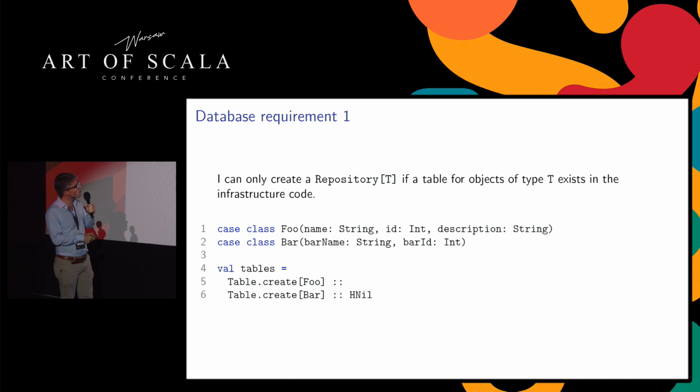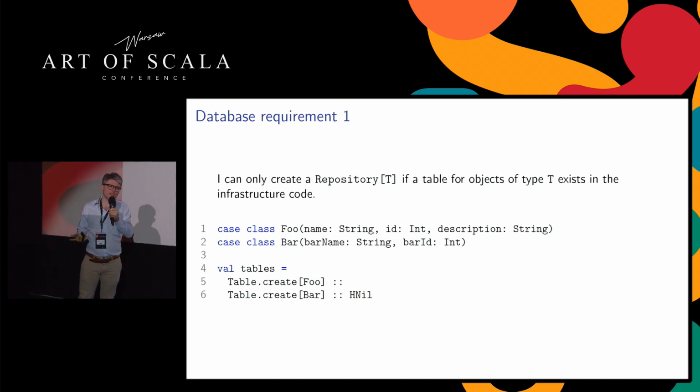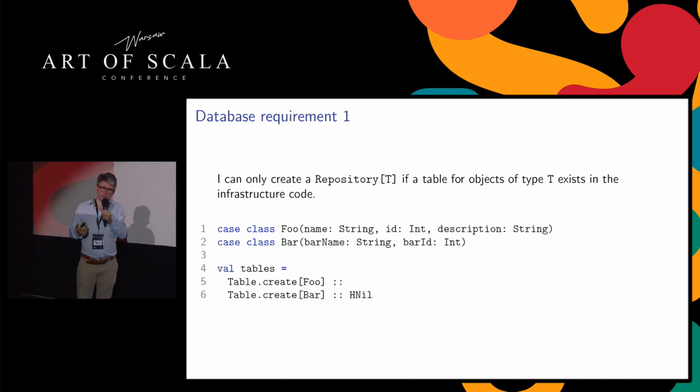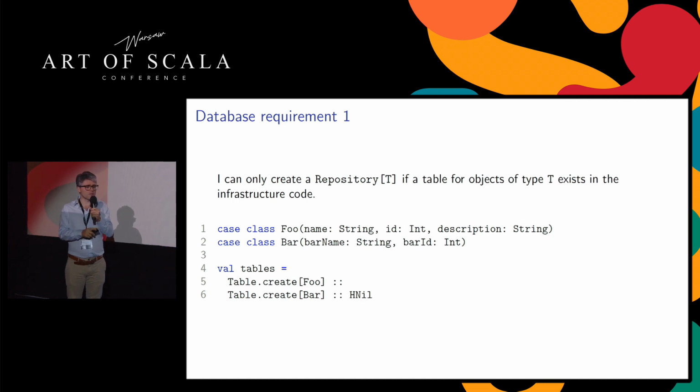So this is a heterogeneous list. Not going to explain in detail what it is, but it is not a normal list. Let's keep it at that. And now we have a description of our tables, and we can be sure that these tables can only be described if these types actually exist, because I cannot describe a table for a type that does not exist.